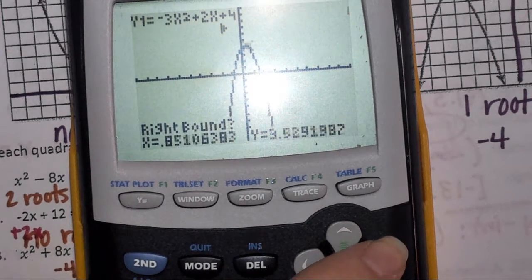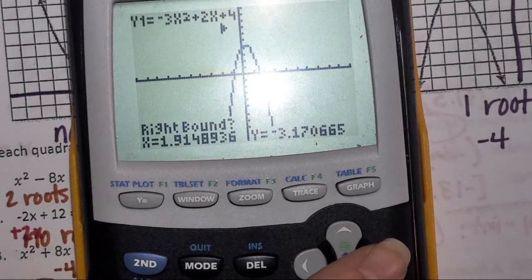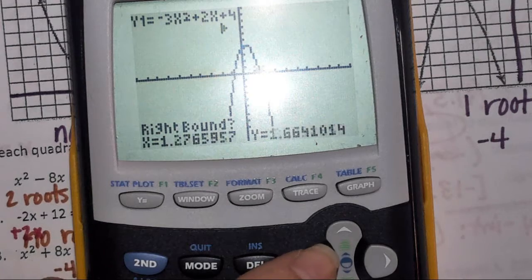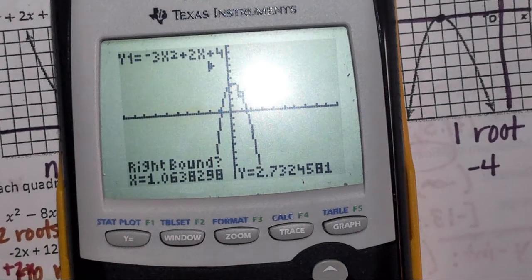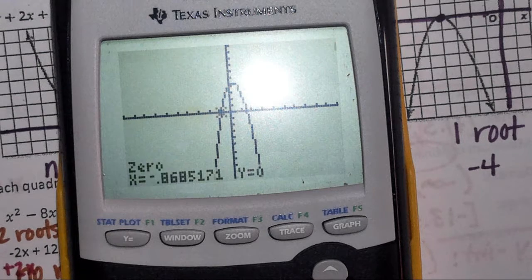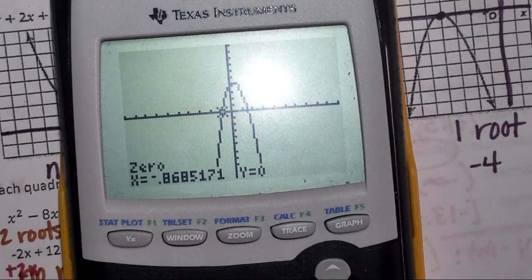But I've got to be careful because, again, if I go too far this way, I'm going to confuse it. So I've got to make sure it's before I actually hit that second 0. And then I do a terrible guess, and it says negative 0.86 something something. I'm normally a 2 decimal place person, so I'm going to say negative 0.87.